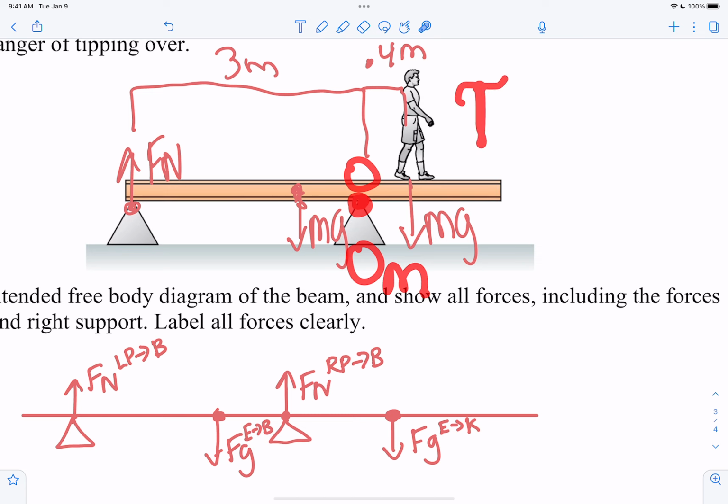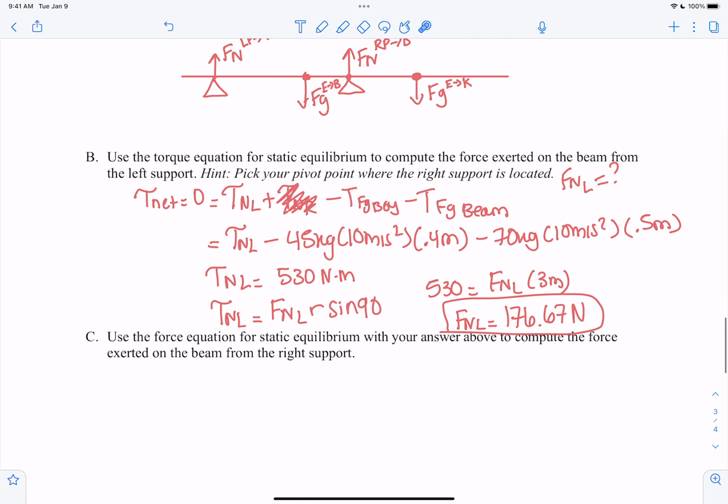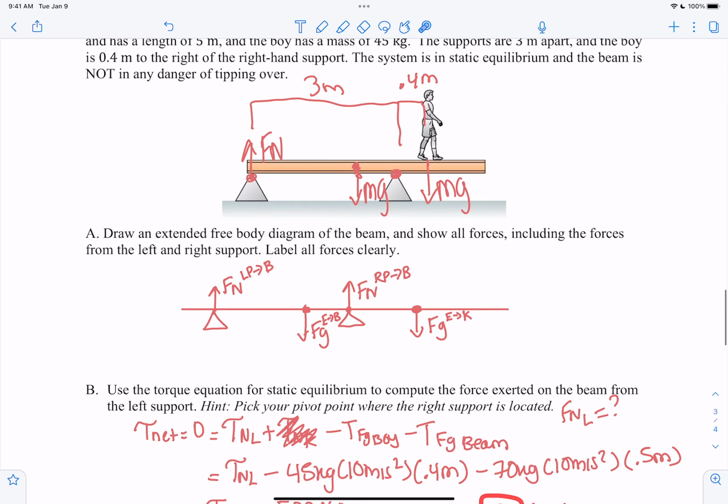Whenever we're finding out torque, torque is equal to a specific force times how far that force is from the pivot times the angle at which that force is acted, right? So if we're interested in the force here, the support due to the left, right? Because this is torque due to the left support. We're interested in the force due to the left support. That's what we were trying to figure out.